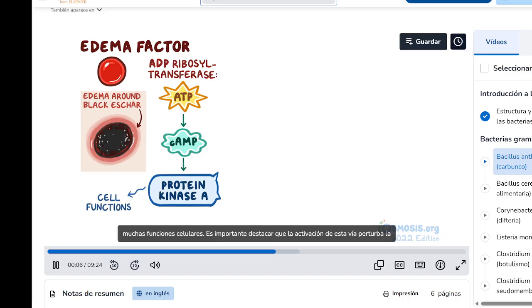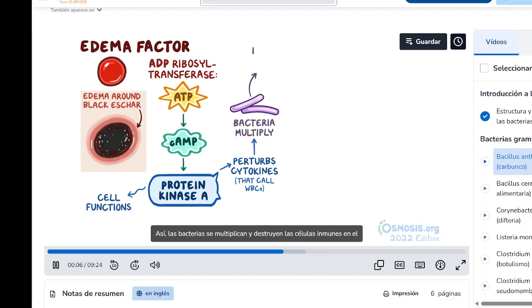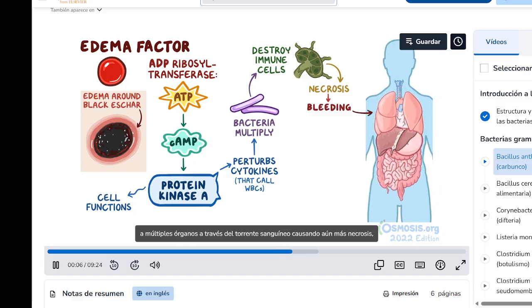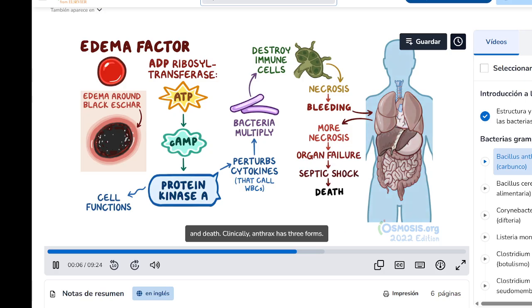Importantly, activation of this pathway perturbs the cell's ability to create cytokines, which are signaling molecules that call for white blood cell reinforcements to neutralize the bacteria. So the bacteria multiply and destroy immune cells in the lymph nodes, preventing an appropriate immune system response, causing surrounding necrosis and eventually bleeding. Access to the bloodstream now allows the bacteria to travel to multiple organs through the bloodstream, causing even more necrosis, leading to multi-organ failure, septic shock, and death.